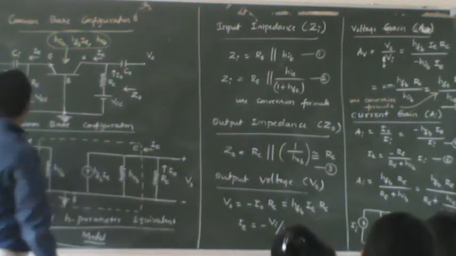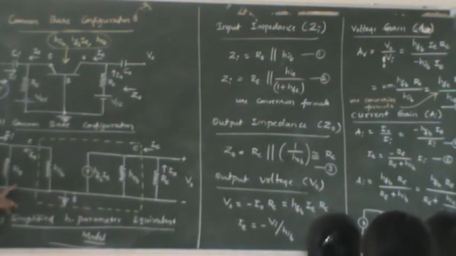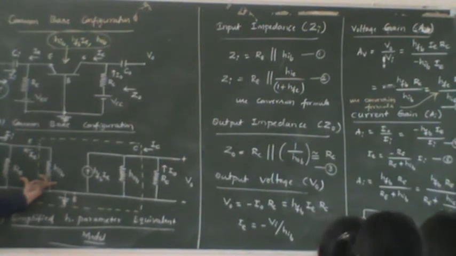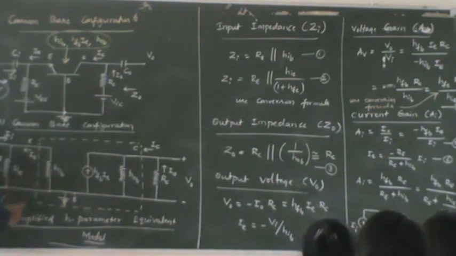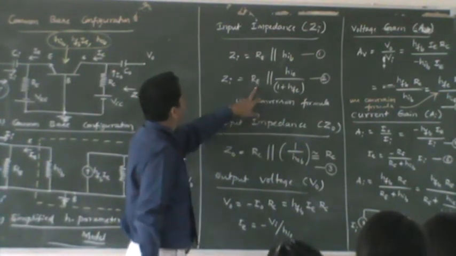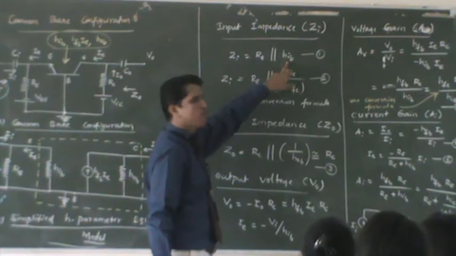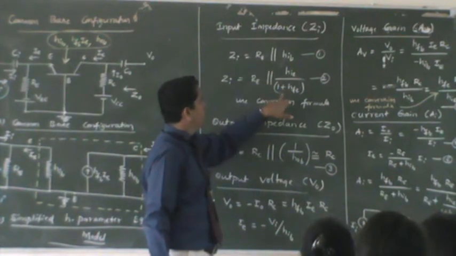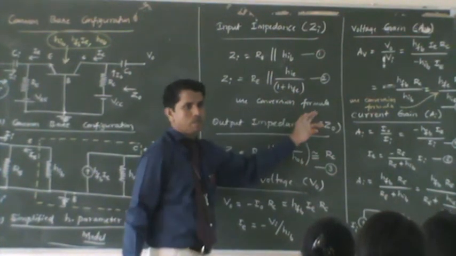Look at the equivalent circuit: RE parallel with HIB gives you ZI, the input impedance looking from this side. That's what is written in equation 1. For equation 2, HIB can be substituted as HIE divided by 1 plus HFE from the conversion formula.